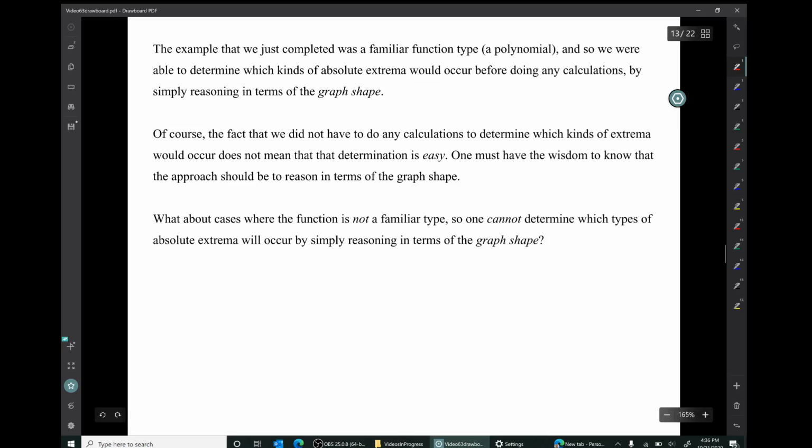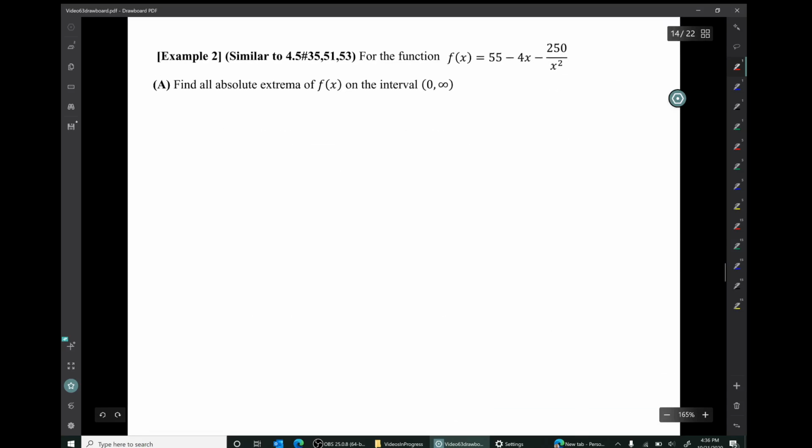Now, what about cases where the function is not a familiar type, so you cannot determine which types of absolute extrema will occur just by reasoning in terms of the graph shape? Well, that's what we're going to do in this example. Example 2 is similar to a couple of your homework problems. For this function, find all the absolute extrema on the interval from 0 to infinity.